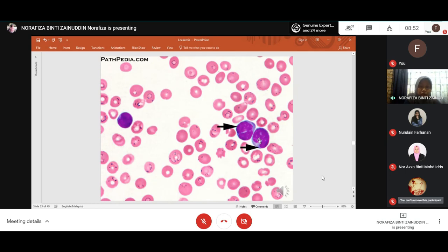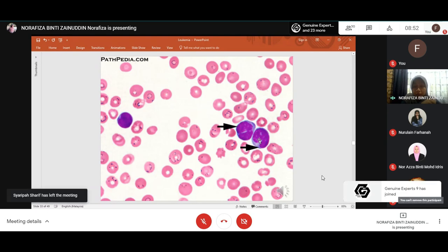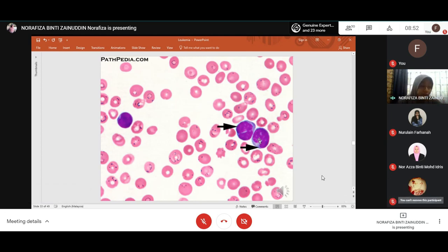These are called Rieder cells. Diagnosis of this also goes along with immunophenotyping; we cannot simply rely on the blood smear. There must be presence of CD20, CD19, CD5, and CD23.